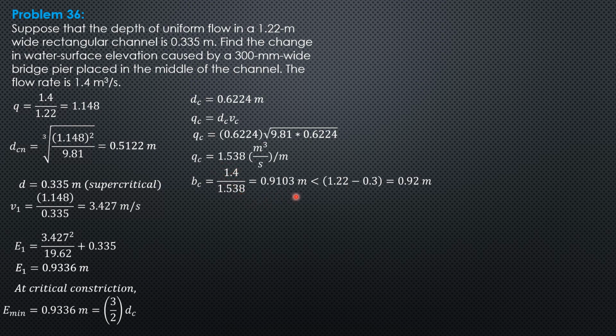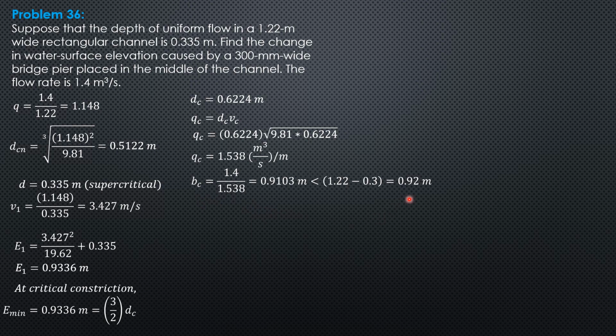So it is 0.9103 meter, the critical width, and this is less than 1.22 minus 0.3, the width of the channel minus the barrier or the bridge pier. So 0.92. They are not equal. If they are equal, then this is the critical width, supposedly.